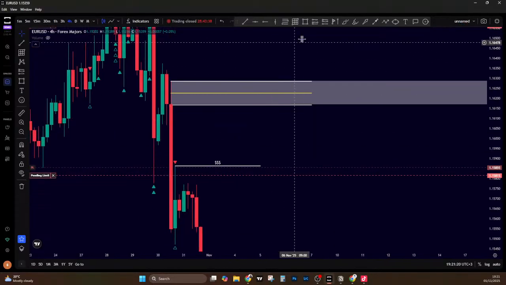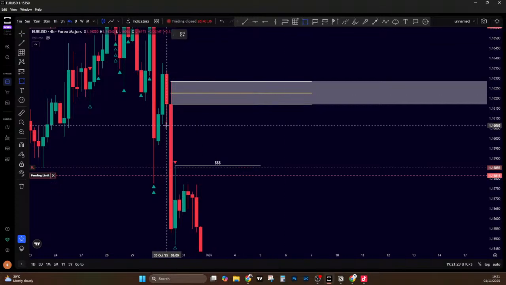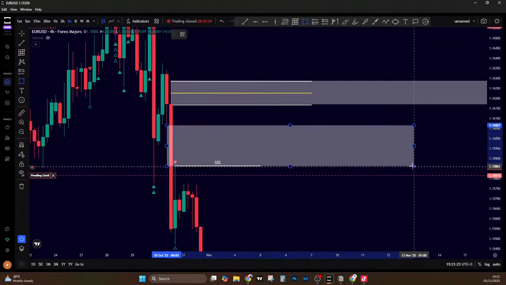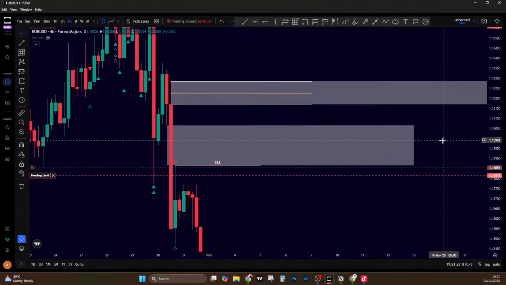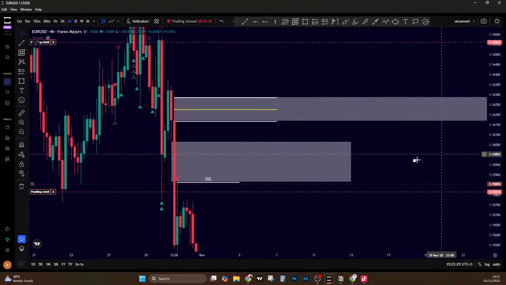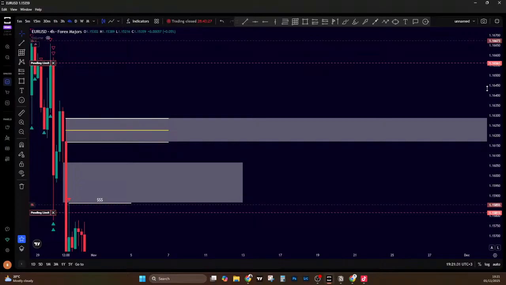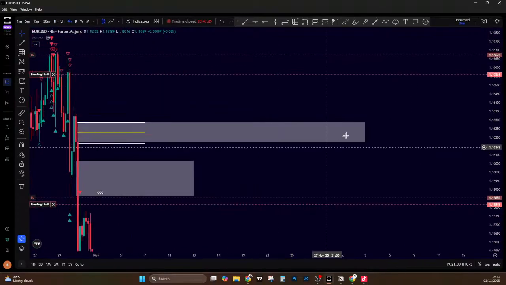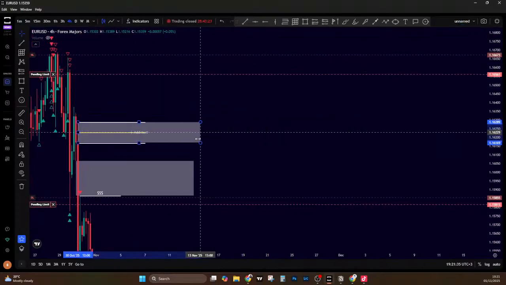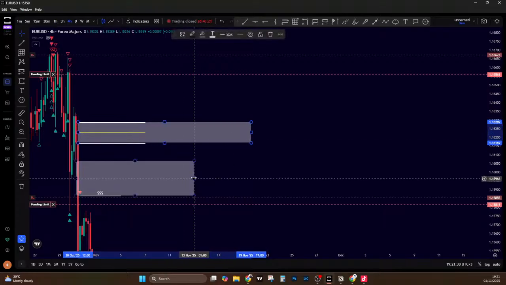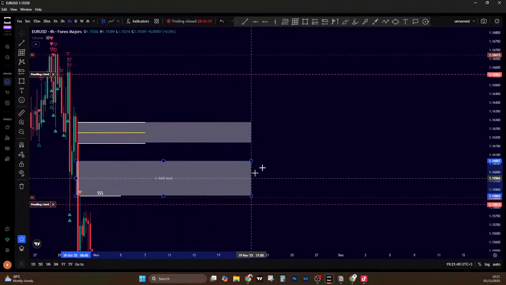I'll also be looking out at this FVG. So because the order block above was mitigated, this is what I'll mark.